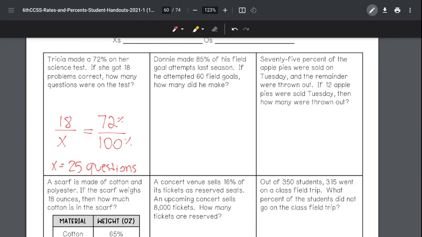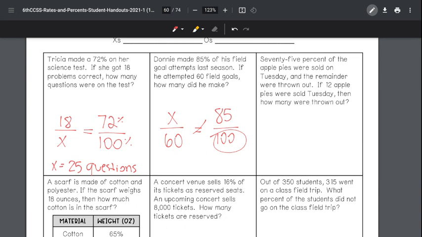Donnie made 80% of his field goal attempts last season. If he attempted 60 field goals, how many of those did he make? This one's a little bit different. We know he made 80% of his 100% attempts for field goals. This time they gave us the whole, and we're looking for the part.